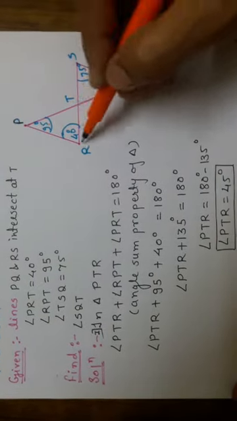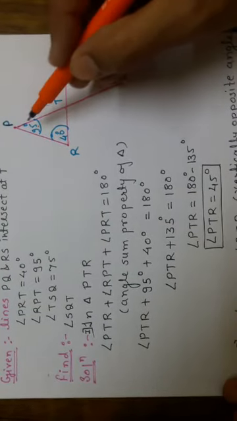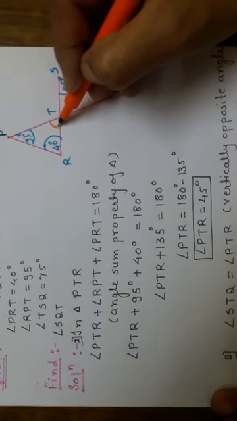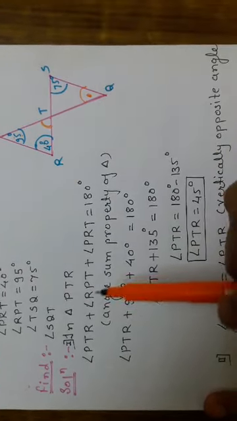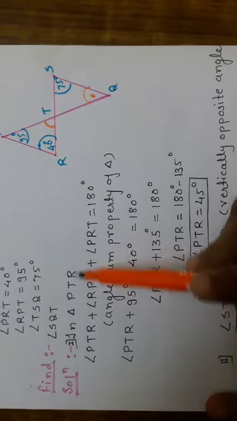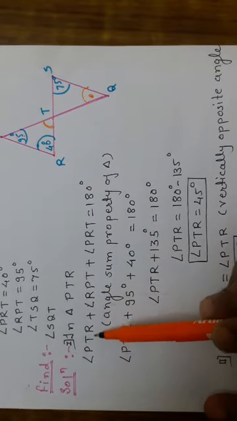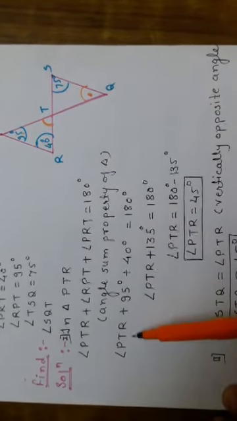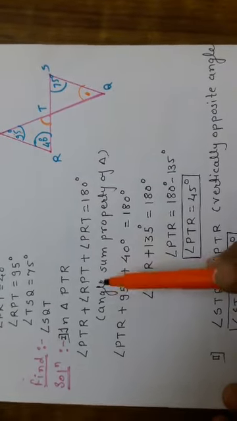Here PRT is a triangle. In this triangle, two angles are given, so can we find the third angle by the angle sum property of a triangle? In triangle PTR, angle PTR plus angle RPT plus angle PRT is equal to 180 degrees.